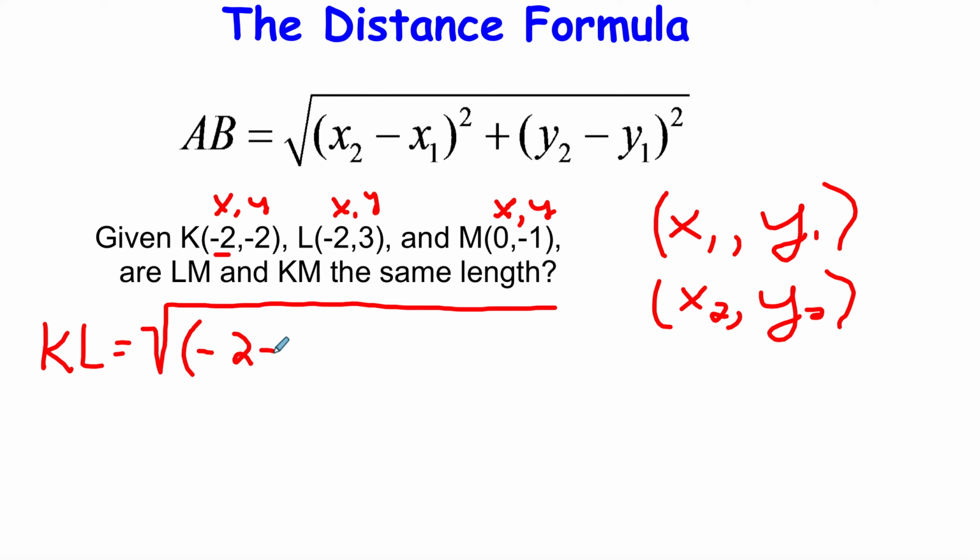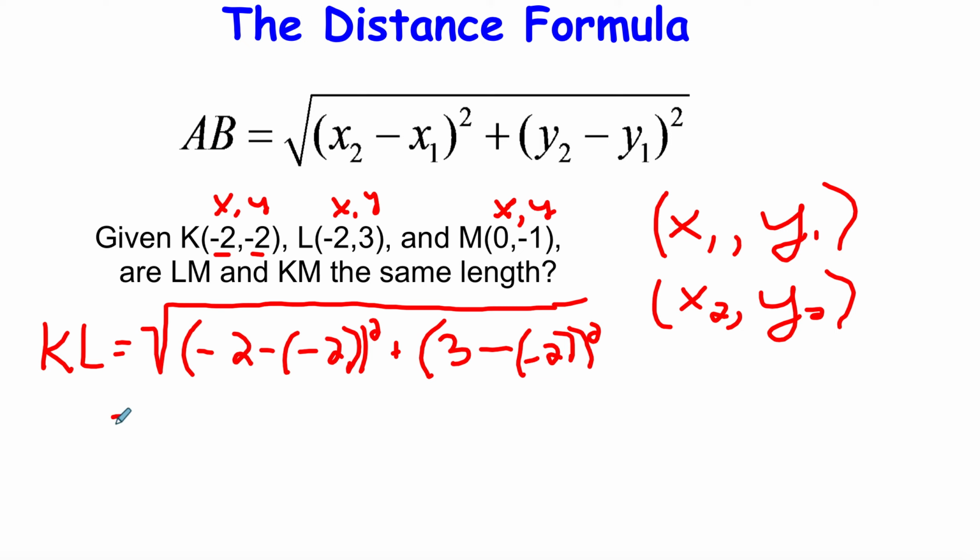So -2 minus -2, all of that squared, plus y2, the y coordinate of the second point, which once again is L, so y2 is 3, minus y1, the y coordinate for the first point, which is K, so 3 minus -2, squared, and then I need to take the square root of all of that.